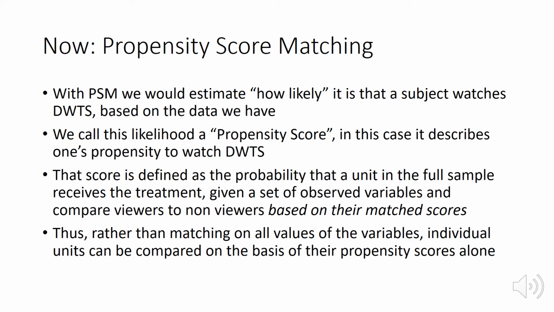And that data can be height and weight, it can be income, it can be any number or information that we can observe to estimate how likely it is that you watch Dancing with the Stars. And this likelihood that you are a Dancing with the Stars viewer, we call a propensity score.